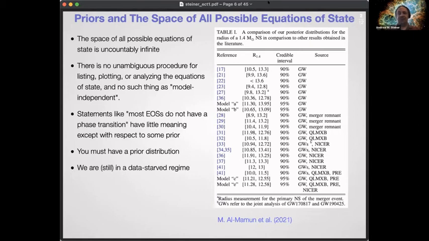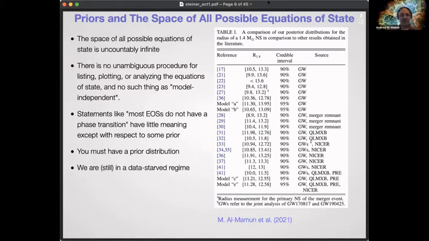In particular, we're still in a data-starved regime. If LIGO had 100 neutron star mergers, then maybe we'd be in a different story. Maybe eventually LIGO will put me out of a job, but in the meantime, we have a limited amount of data which doesn't always tell us a consistent story, so we have to figure out some way to proceed.